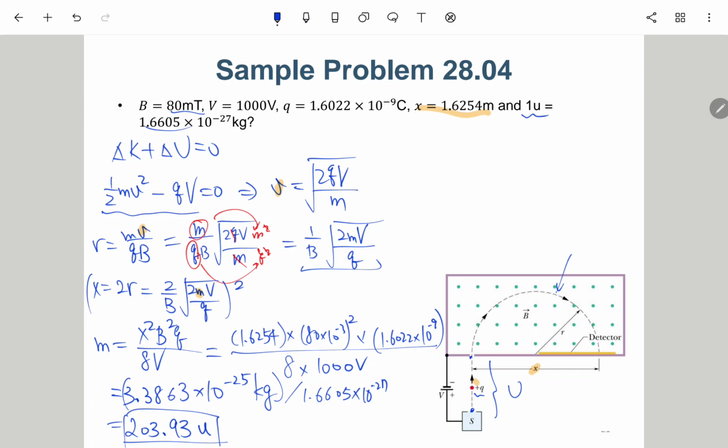Which means the mass of this ion is around 204 U. Maybe this is an error. It combines the number of protons and the number of neutrons, which add up to be 204.